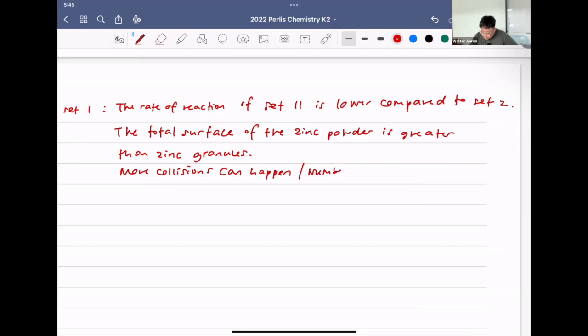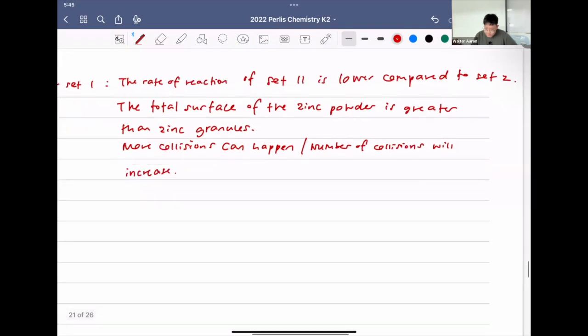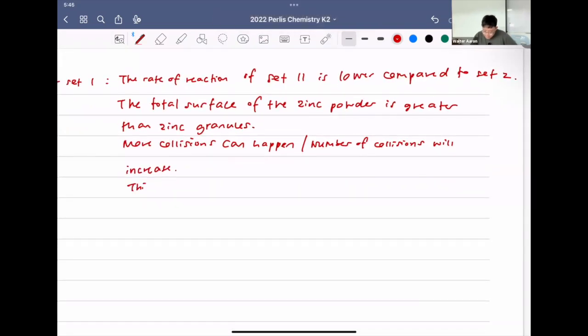Number of collisions will increase. Then you say that this results in a higher rate of reaction.